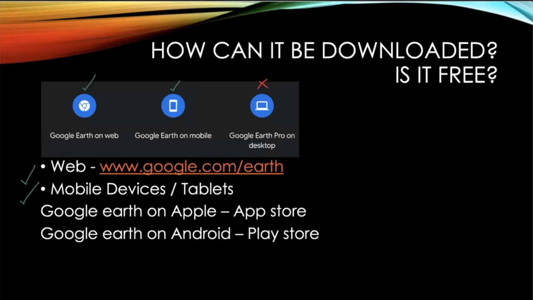I hope it's clear so far. So for the web, we'll just search it on the internet. And for mobile devices and tablets, we need to download it on the App Store if it's Apple, and in the Play Store if it's an Android device.